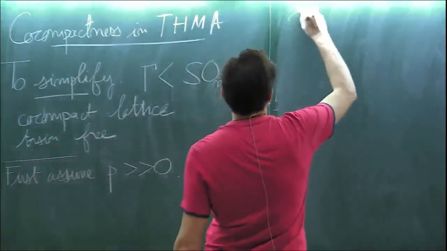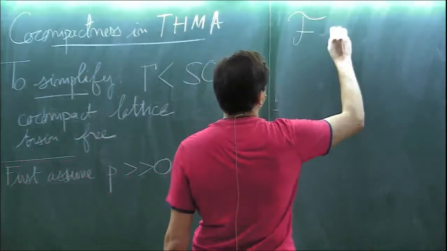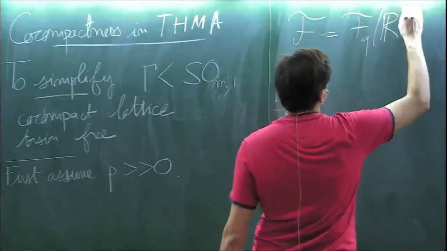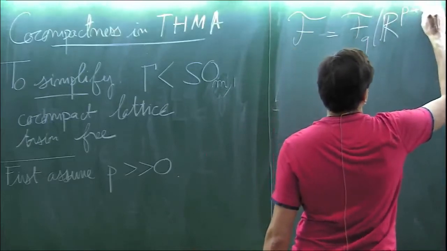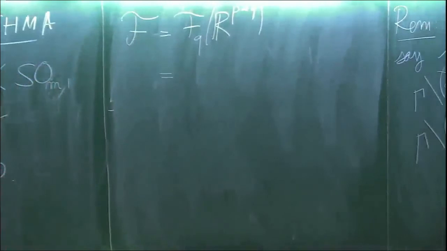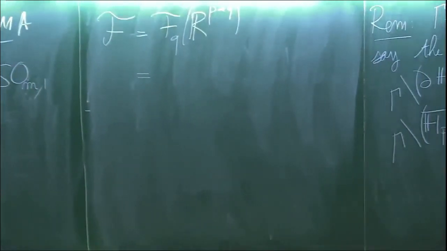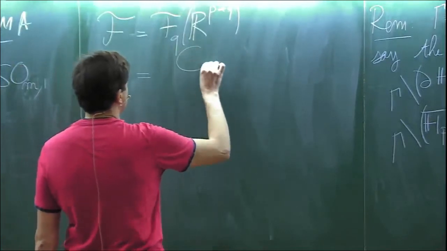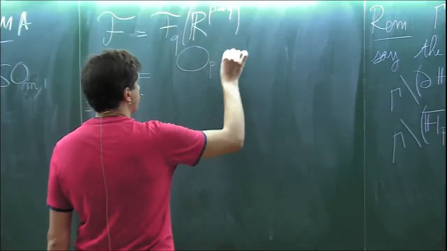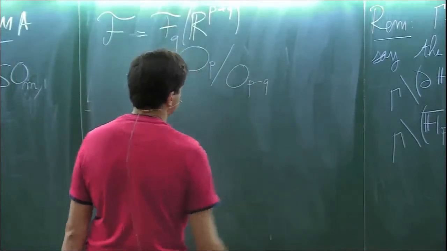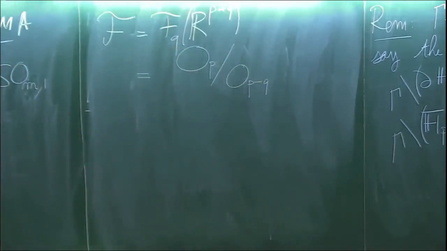So I have my subset F, which is the isotropic Q-planes in R^(p+q). And you can describe it as a homogeneous space under the action of O(P), and the stabilizer is really O(P minus Q).